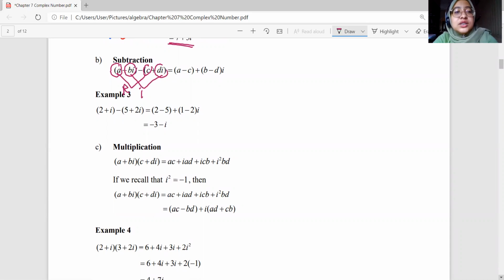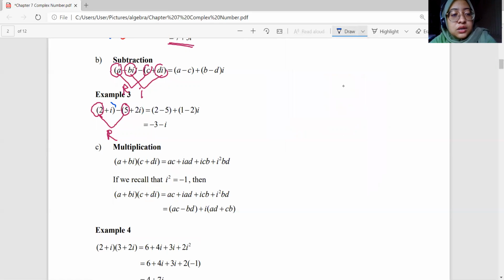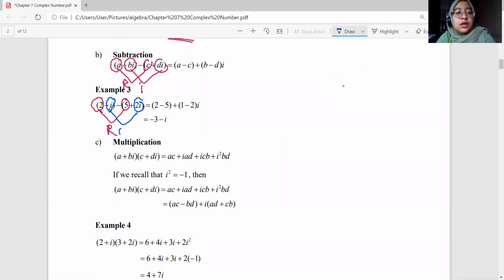The real parts give 2 minus 5 and the imaginary parts give 1 minus 2I, so we got the answer negative 3 minus I.